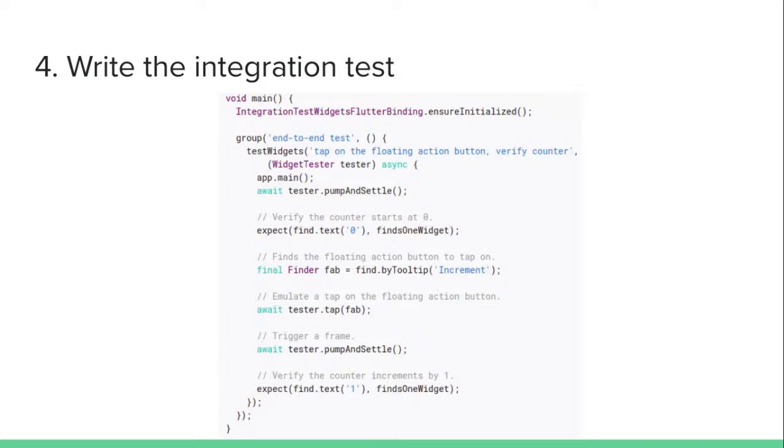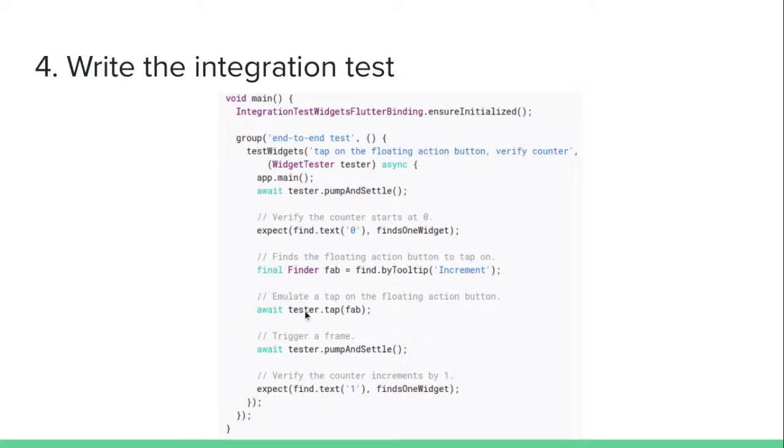That's true because at first the counter starts from 0 if you didn't tap on the plus counter. So we will find the FAB or floating action button because we will tap on it. We will click on this button one time.